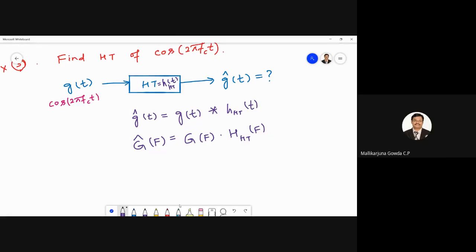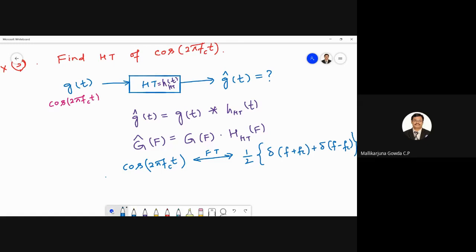So cos 2 pi fct, its Fourier transform will be 1 by 2, del of f plus fc plus del of f minus fc. So these are the basic things you should know.